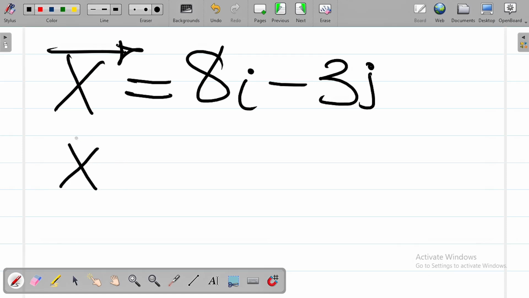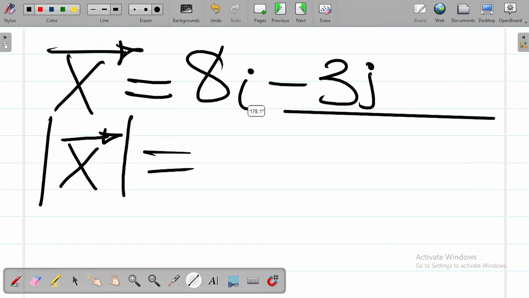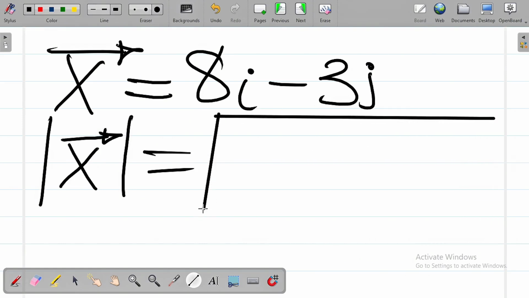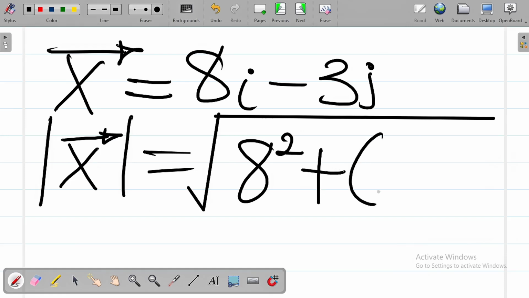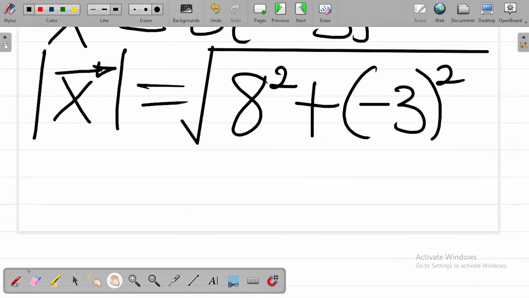The magnitude of vector x, denoted as this, is equal to square root of, the coefficient of i is 8, so we have 8 raised to power 2, plus the coefficient of j is negative 3, so we have negative 3 raised to power 2. There is no k in this context.